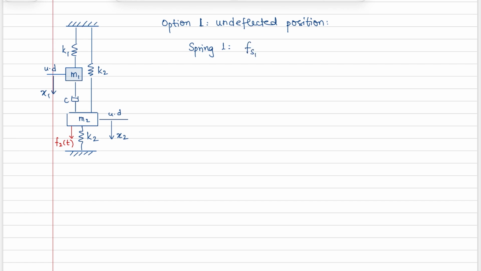It will be Fs1 is k x1, because this x1 is directly measuring it from the undeflected position. And so this here is going to be in elongation for positive x1.